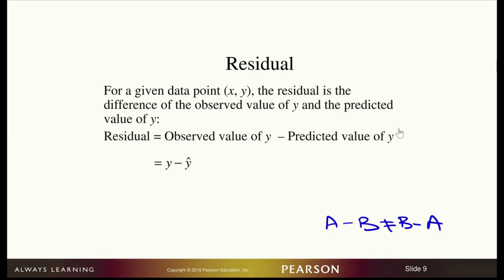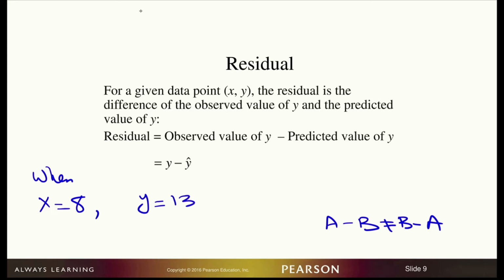So the predicted value of y at a given x value, for a given input value, is what we use the symbol y hat for. So in our previous example, for x equals 8, which corresponded to an 8-year-old Honda Accord, y, which is the observed price or the actual price from our data set, was 13,000, right?